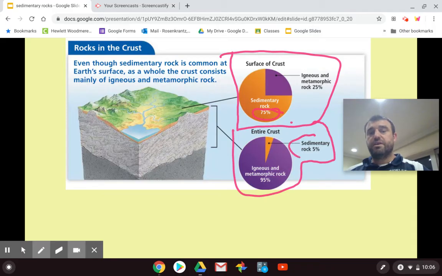See, they only make up 5% of the entire crust. See, the top one is the surface. The bottom pie chart is the entire crust. So that's strange. 75% of the rocks you're likely to walk on are sedimentary, but once you dig down, they disappear. The reason that happens is the next question I have.